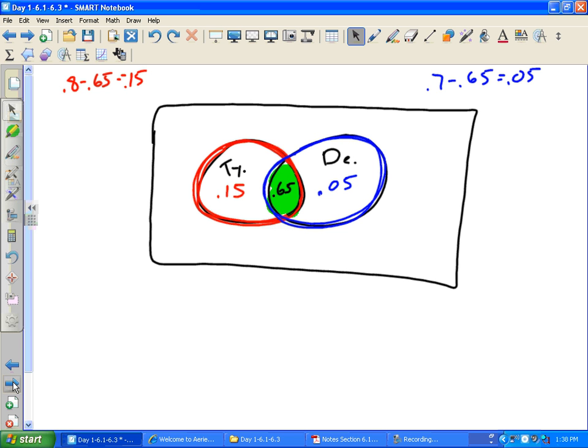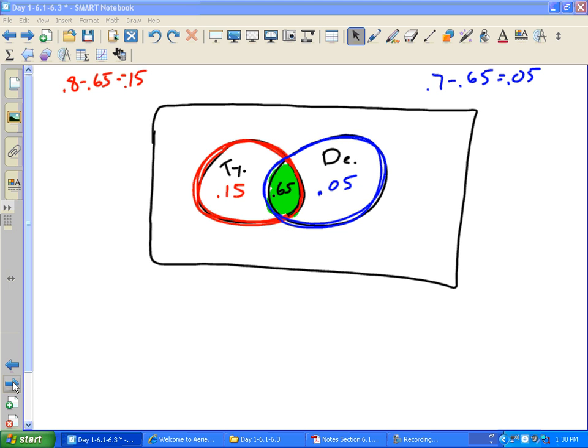In this kind of situation, what do all the probabilities need to add up to be? 100%? How many people agree with that statement? Okay. If all the probabilities need to add up to be 100%, how can I figure out what's on the outside? What's left? Good.